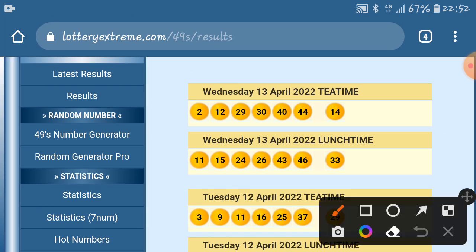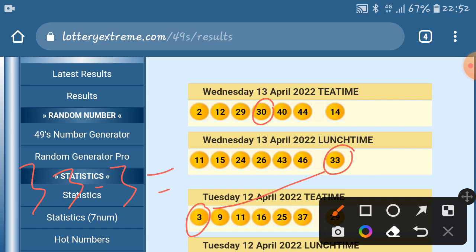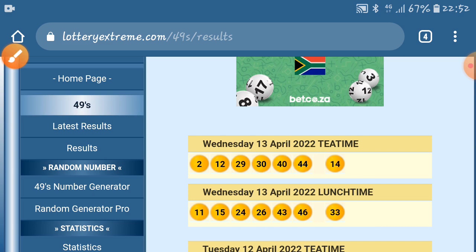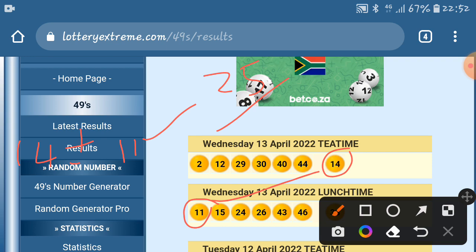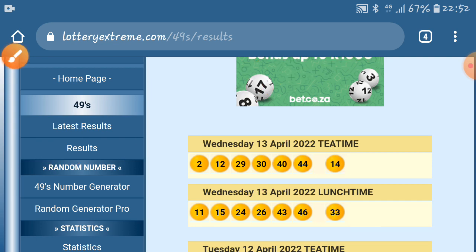So on that one, it didn't skip. 3 and 33. 33 minus 3 equals to 30. 30 sitting there. Then on this one that we are going on, we've got 14 plus or minus 11, which will give us banker 25 and banker 3. So that one we are good to go because it's a good one. It's a good one as well.